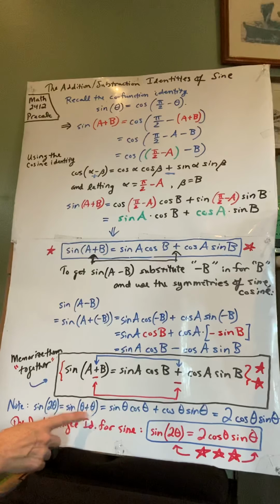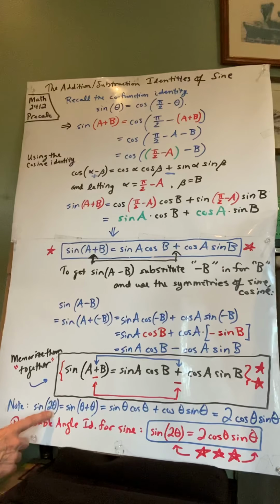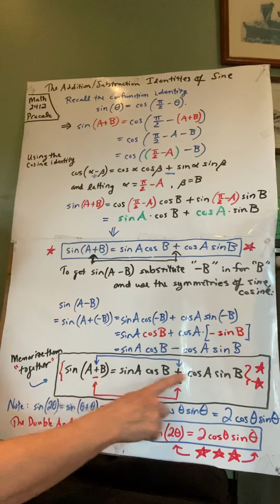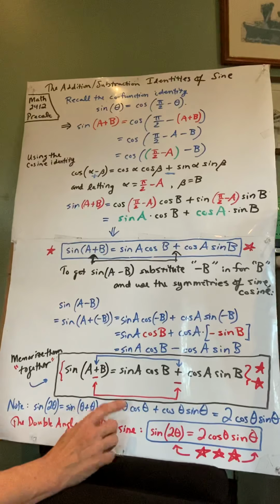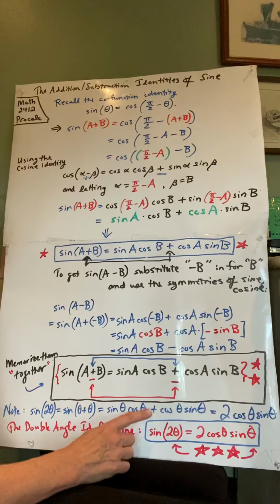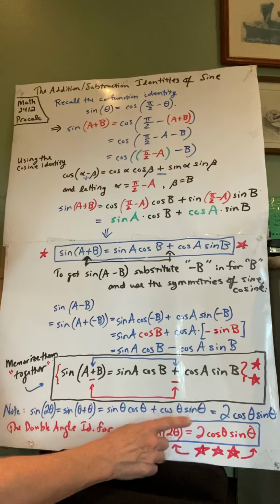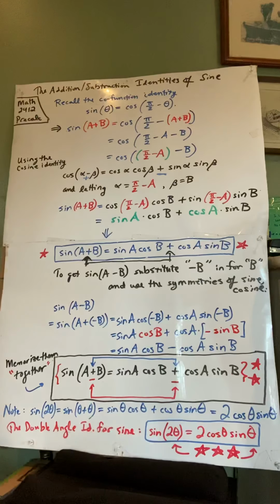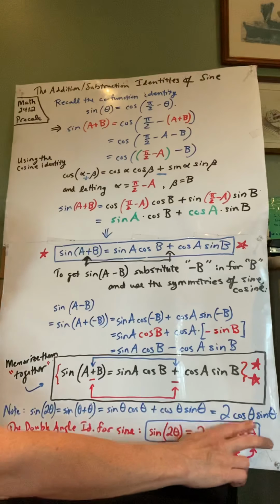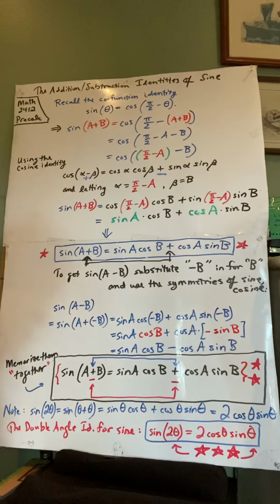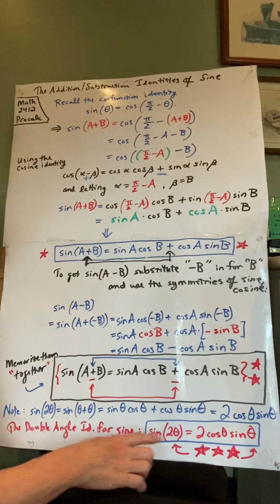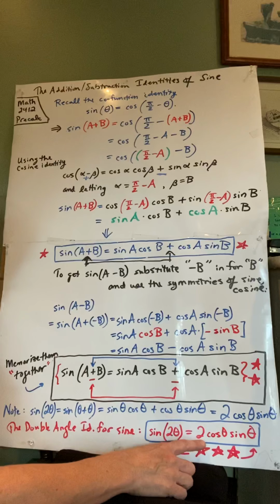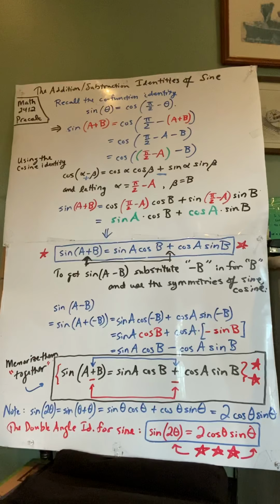So the sine of theta plus theta, also known as the sine of twice theta, double an angle, is equal to, substituting in all those a's and b's for thetas, the sine of theta times the cosine of theta, plus the cosine of theta times the sine of theta. Wait a minute. Multiplication is still commutative. So that's really two of these cosine theta sine thetas. So the sine of twice theta is equal to 2 times the cosine theta sine theta.